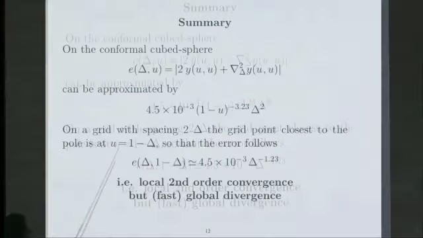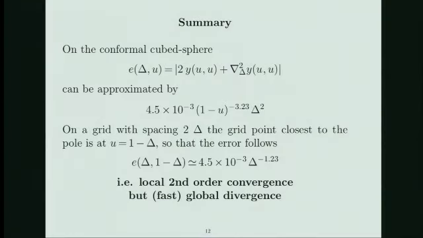So in summary, for this particular simple test case on the conformal cube, we can approximate the error by this prefactor times 1 minus u, which is the distance to the pole, to the power minus 3.23 delta squared. So if you look at the uniform grid on your patch, the closest point to the pole will be at 1 minus delta, so you just replace that by u here.